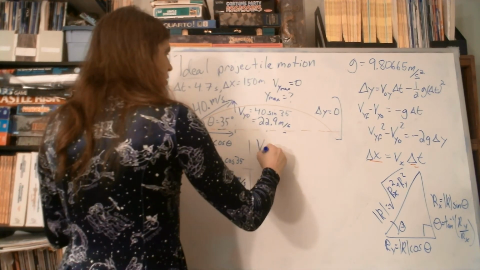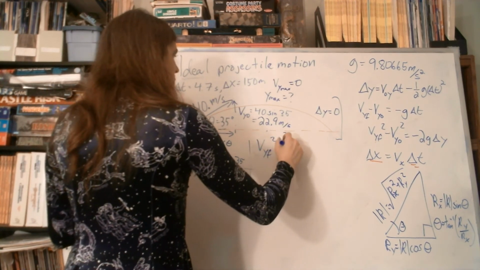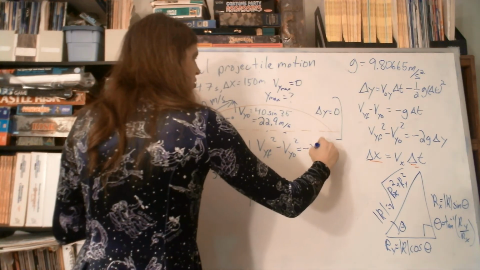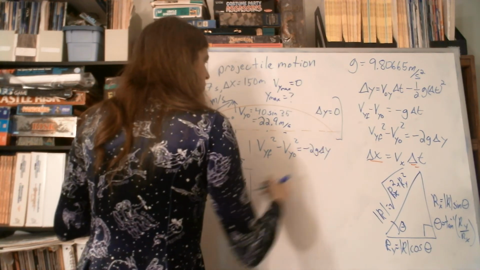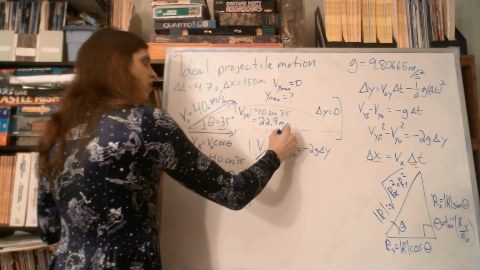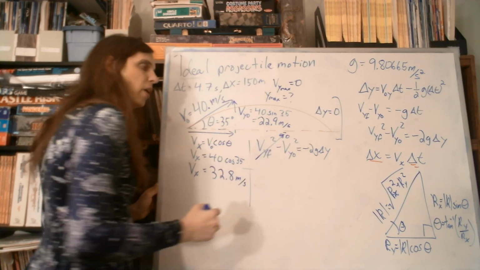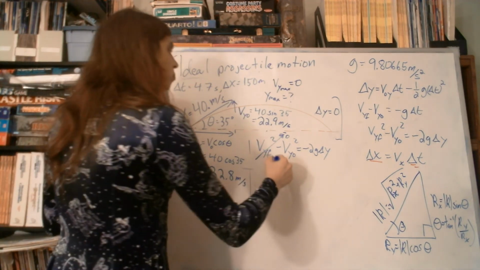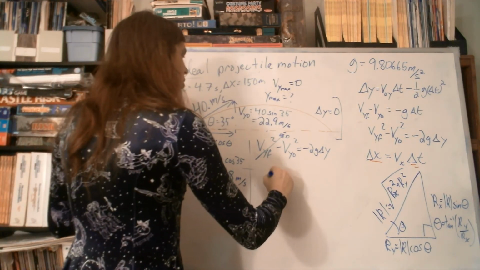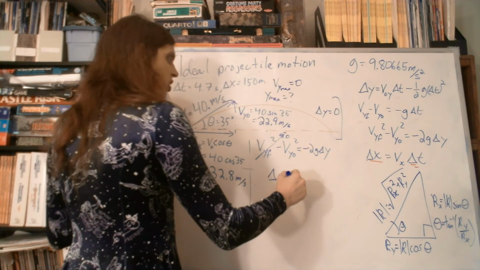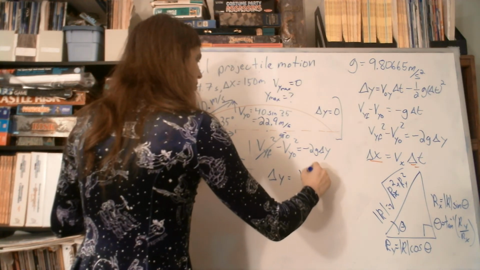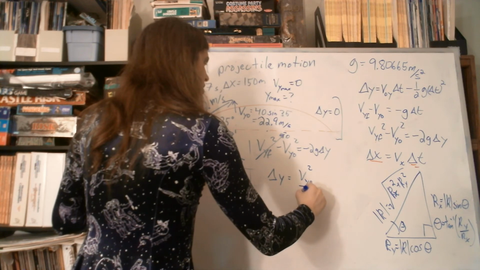We get Vy final squared minus Vy original squared equals minus 2g delta y, and it's 0 at the turnaround spot. And so delta y then gets to equal Vy0 squared over 2g.